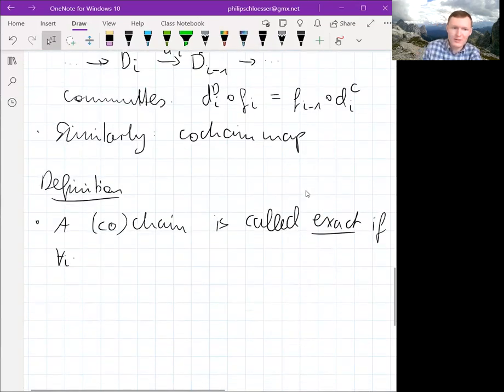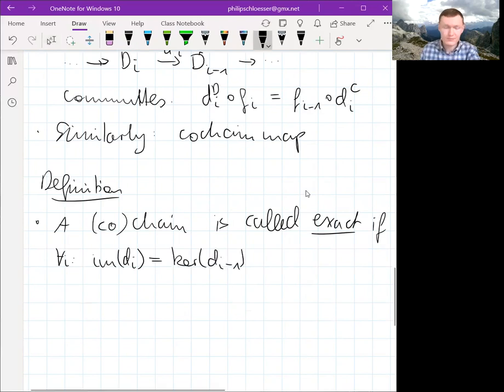Written out, this means we have that the image of d_i is equal to the kernel of d_(i-1), or respectively, a similar thing for the coboundary operator if it's a cochain complex.